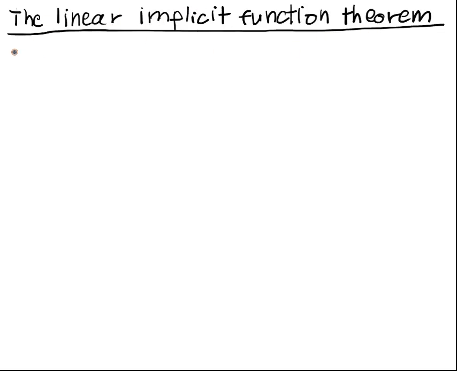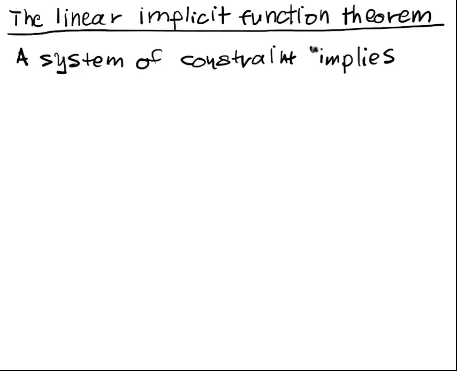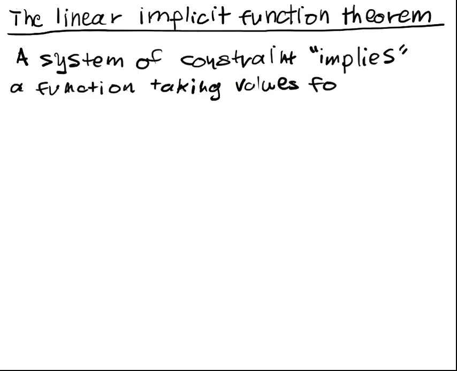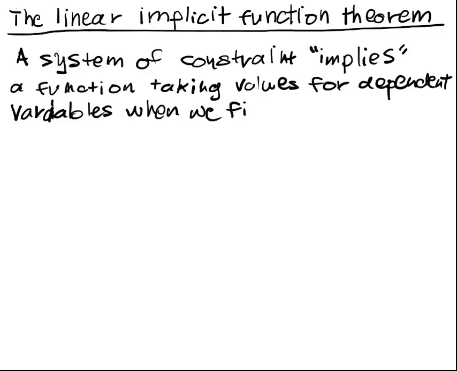The basic idea of this theorem is that a system of constraints implies a function taking values for dependent variables when we fix independent variables.